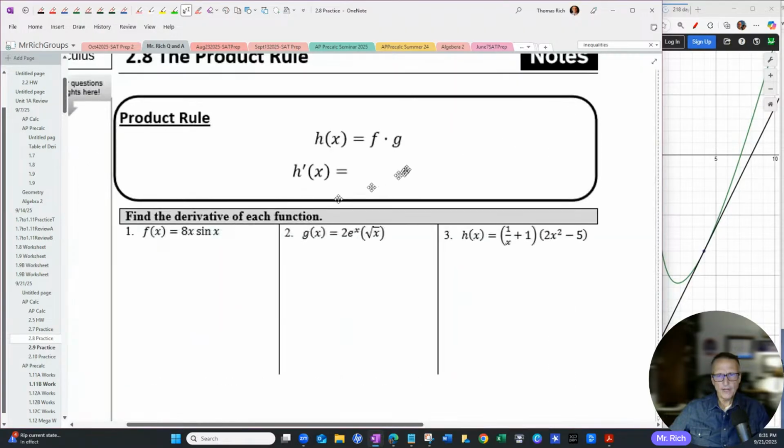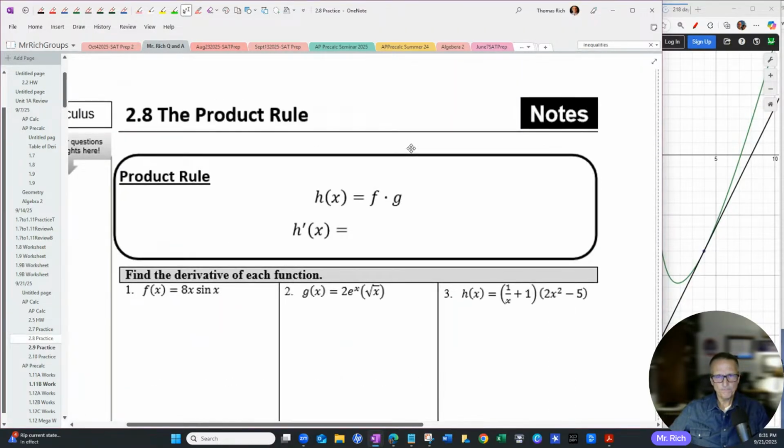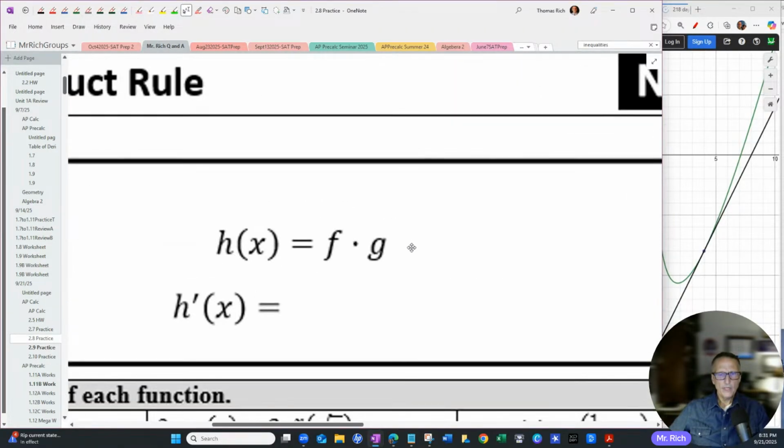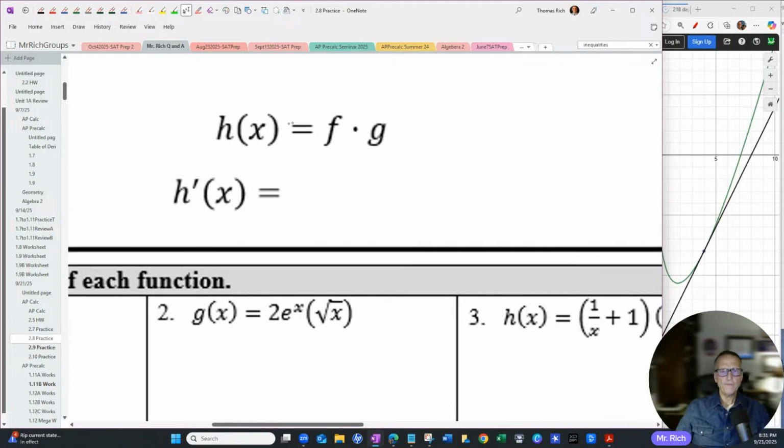So let me define the product rule for you. If you have a function that you're trying to find the derivative of, and it's actually two functions of x multiplied together, it would be nice if the derivative were f prime, the derivative of f, times the derivative of g, but it's just not true.